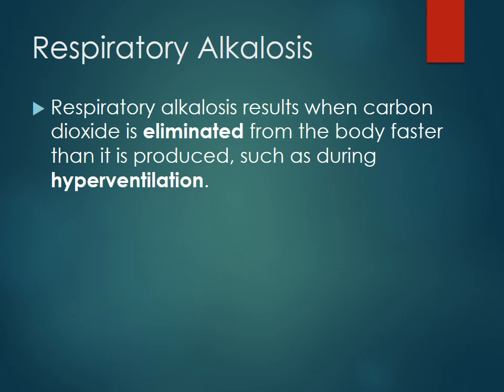So why would the body be getting rid of carbon dioxide so fast? The only way to get rid of carbon dioxide is to blow off carbon dioxide. So this would be the patient who is hyperventilating or the patient who is breathing fast. So deep, rapid respirations are usually the primary symptom that's associated with respiratory alkalosis.